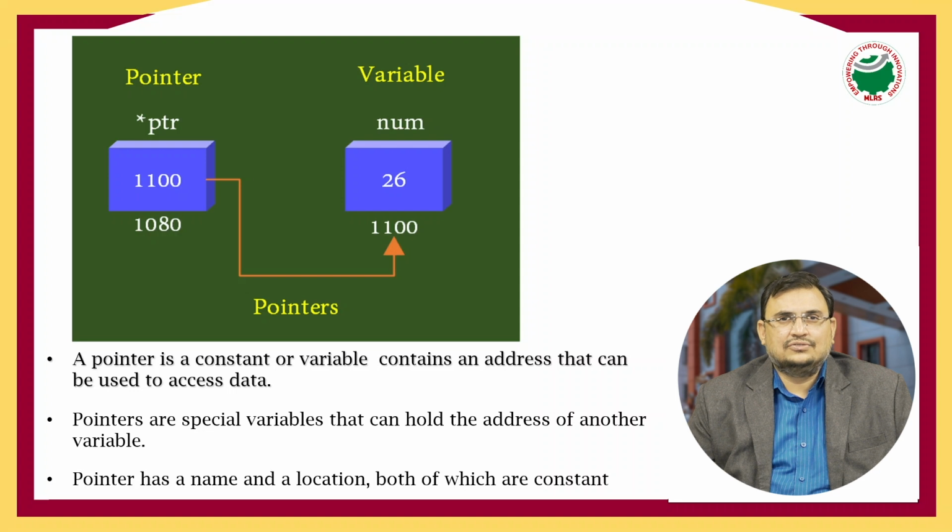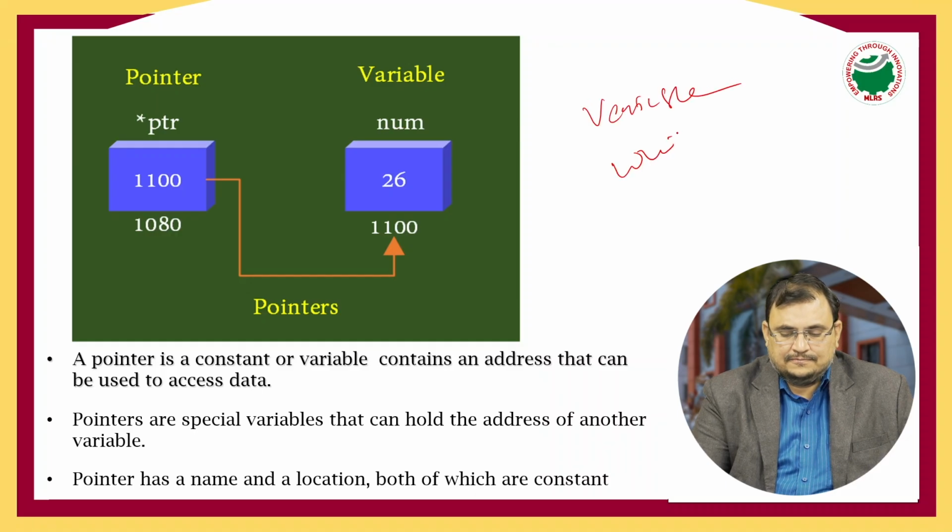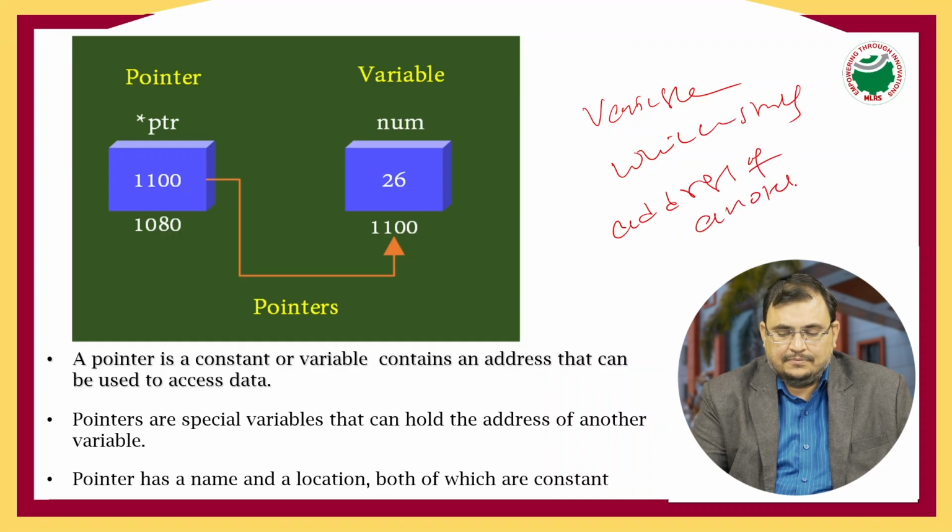The address can also be stored in a variable. That variable which stores the address of another variable is called a pointer. So pointer is a variable which stores the address of another variable.